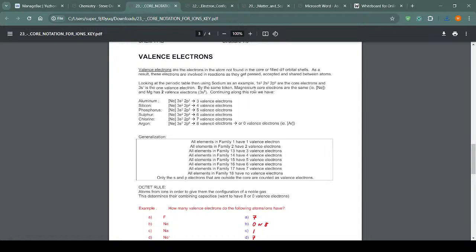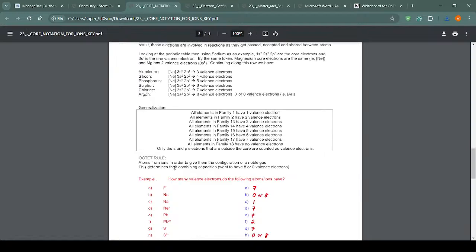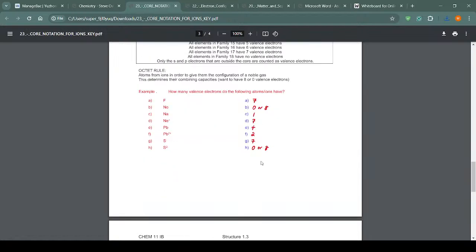Same token. Atoms from ions and orders give them configuration of a noble gas, right? Yep.